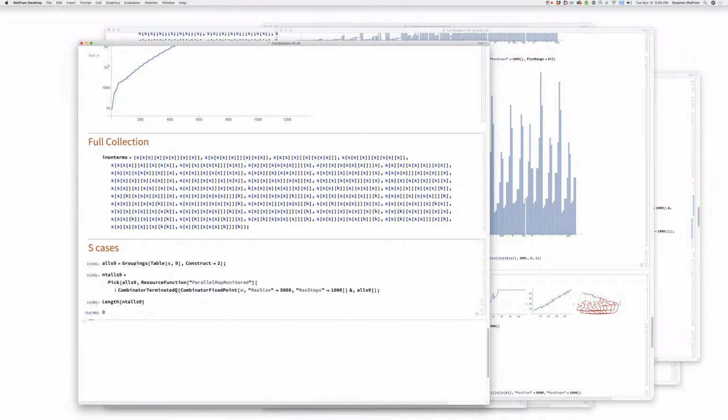Indeed, but why didn't this work? What did I do wrong? Combinator fixed point. Is this right? Combinator terminated Q?